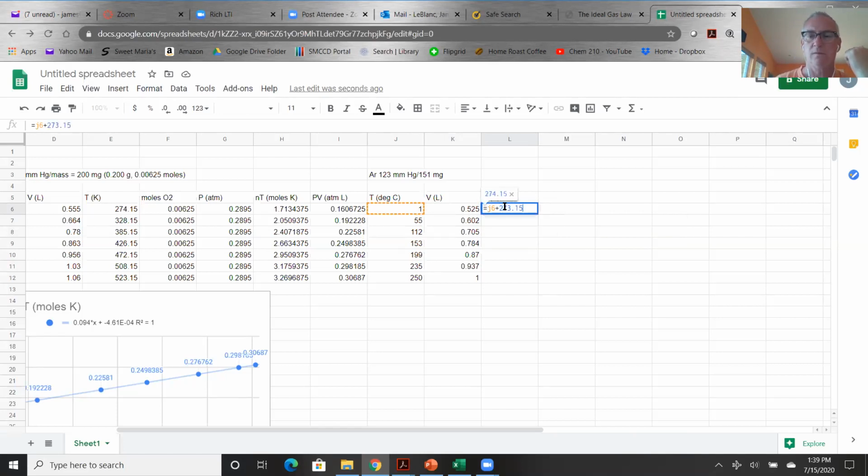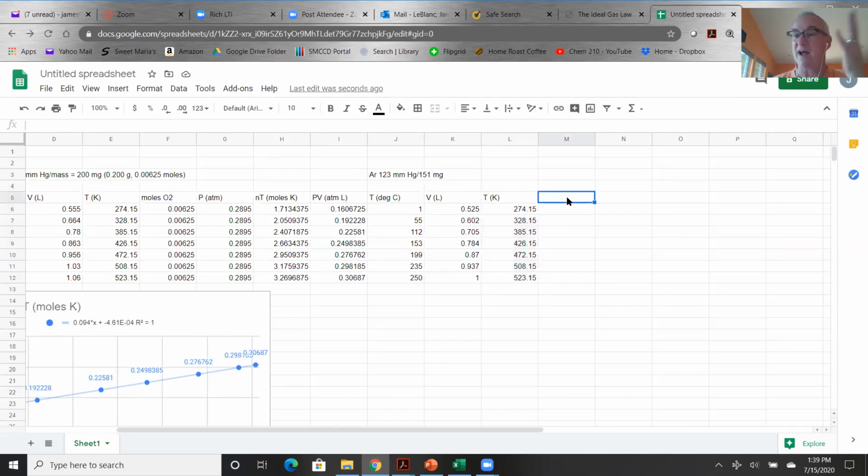There you go. And then just drag down, so that's all done for me. Nice. My volume's good. I need to calculate moles, right? So I need moles of argon. Someone want to do that one for me? I also need the pressure in atmospheres. Someone give me the pressure in atmospheres. Someone give me the moles of argon.